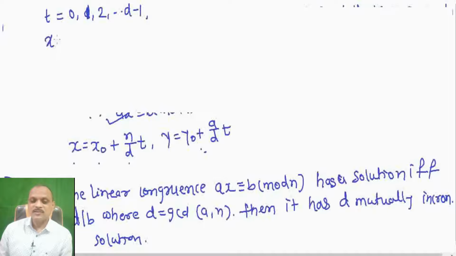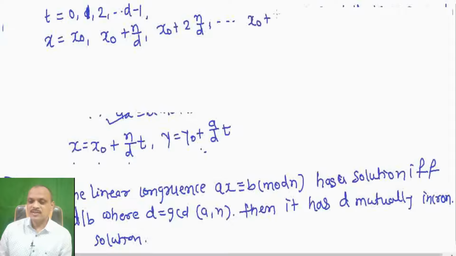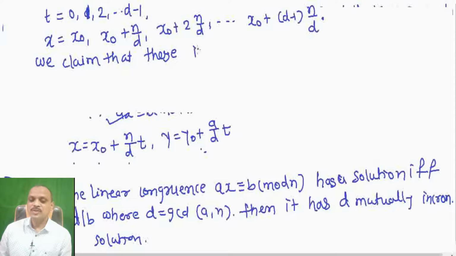Then the solutions are: first solution x0, second solution x0 plus n divided by d, third solution x0 plus 2n divided by d, likewise up to x0 plus d minus 1 times n divided by d. And we claim that these are all incongruent solutions.